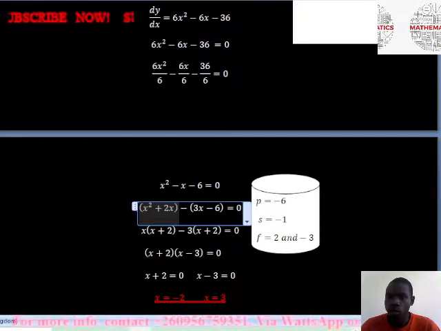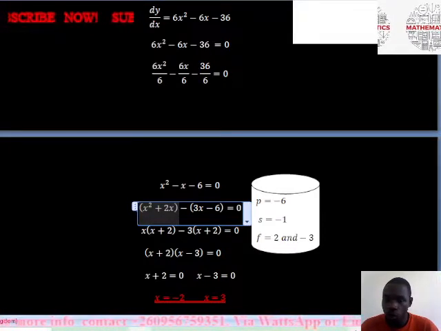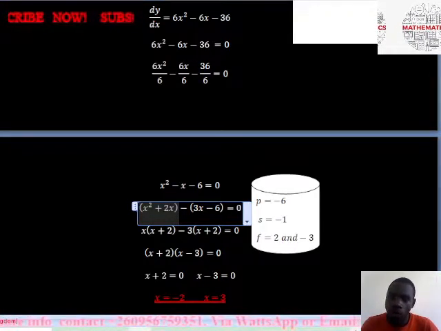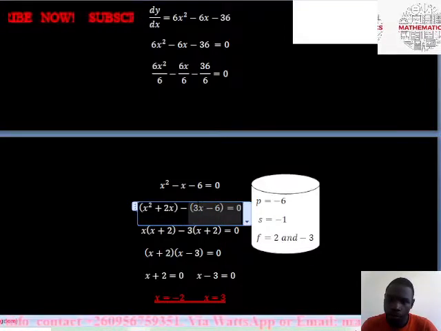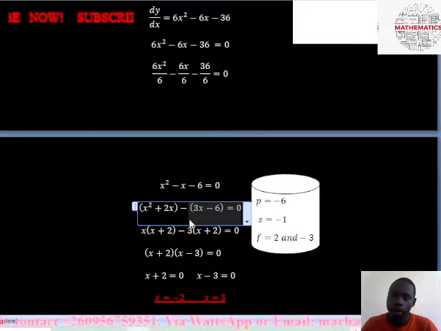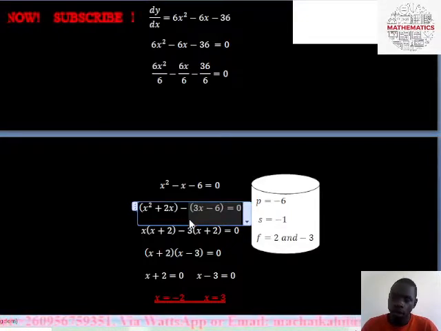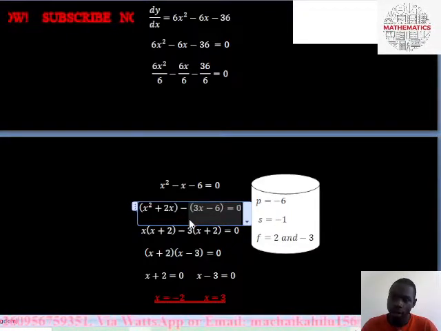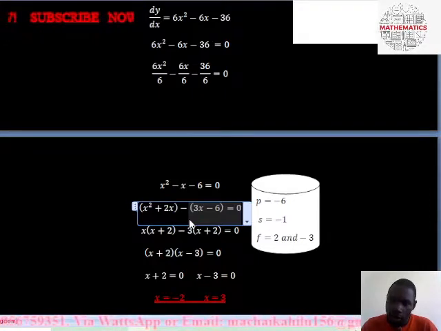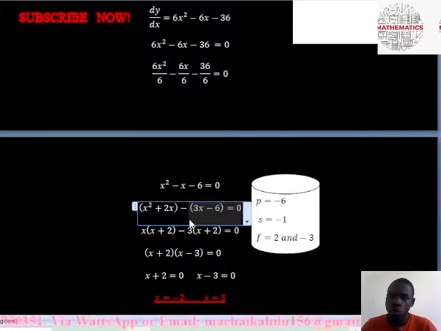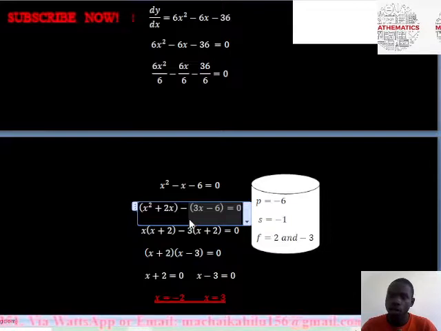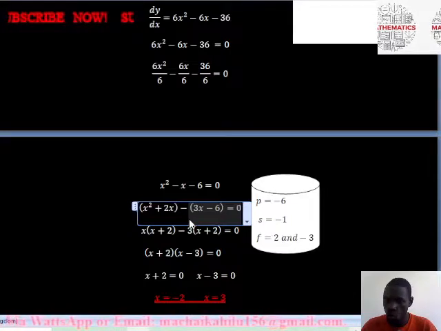Minus, when you come here, 3x minus 6, what is common there is 3. 3 into 3x, I'll remain with x, plus negative 3 into negative 6 gives me positive 2.